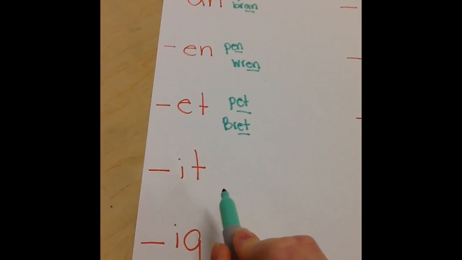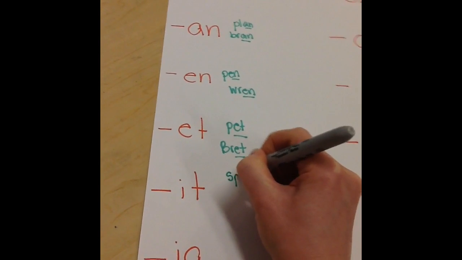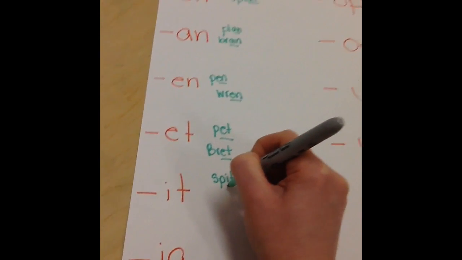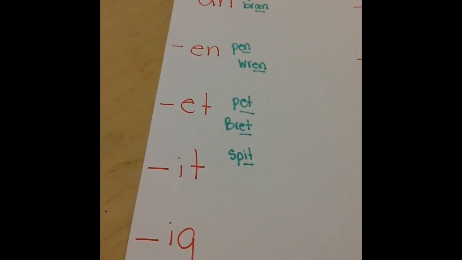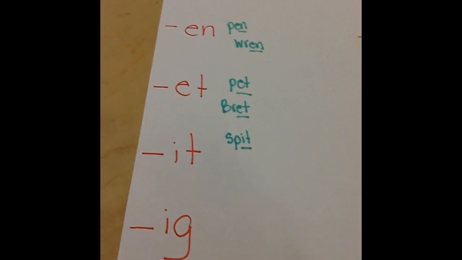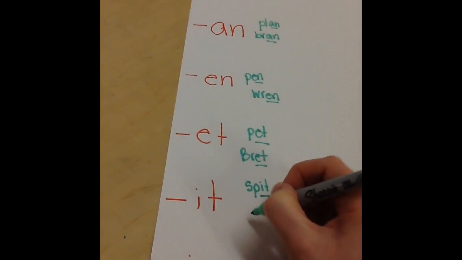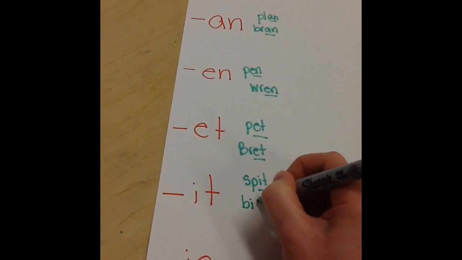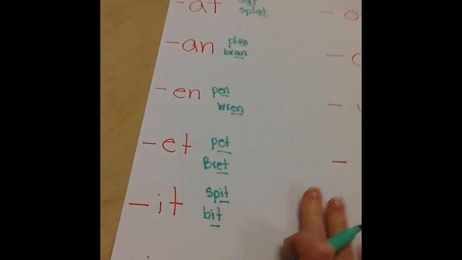The next spelling pattern is it, like in spit, spit. Can you think of another word that has it in it? Touch your nose when you have it. Maybe you thought of the CVC word bit, it.